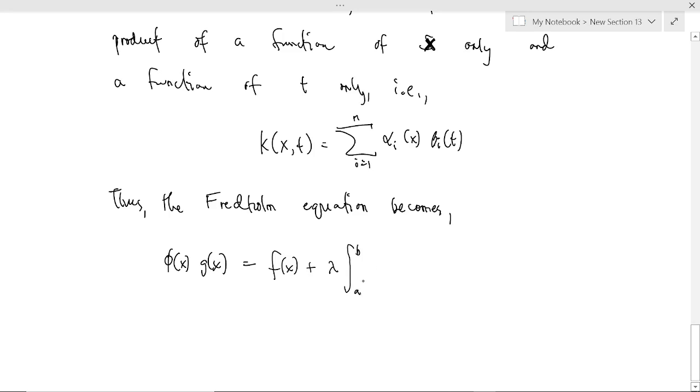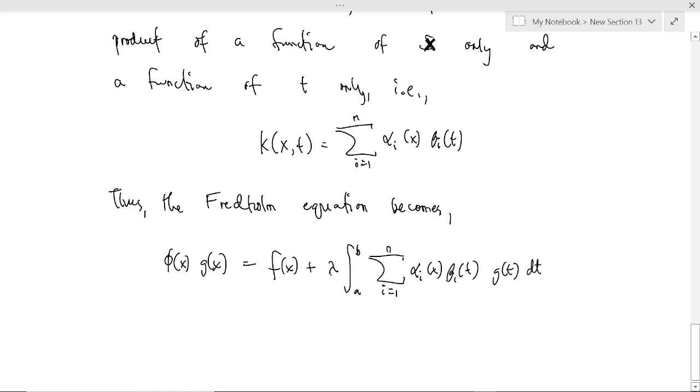Remember that we write the kernel inside the integral sign, but the kernel is equal to this summation, so we just put it inside the integral: the summation of alpha_i(x) beta_i(t), from 1 to n, g(t) dt.